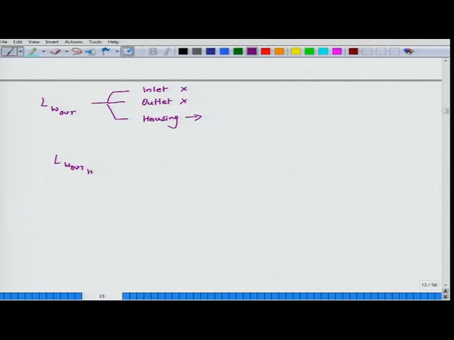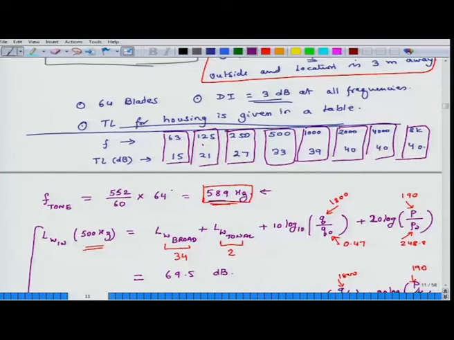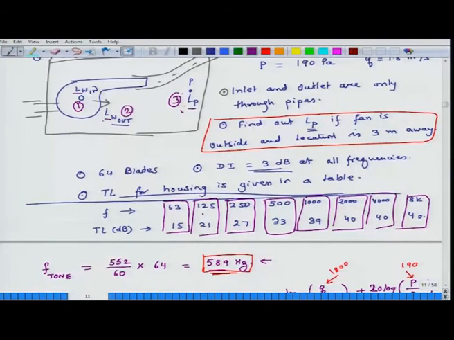I will just put H, and again this is for specific frequency bands. So first I will calculate for 500 hertz. So what is that? Now we had said that the housing is such that there is a transmission loss.